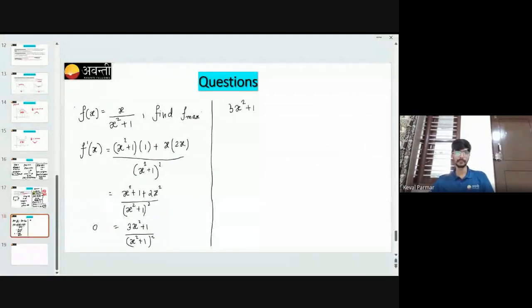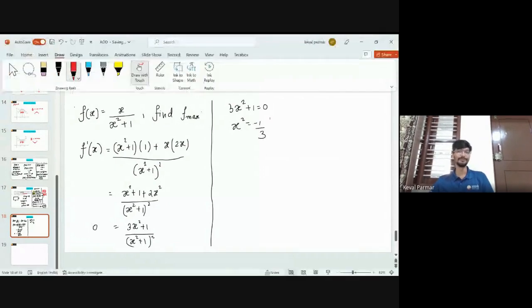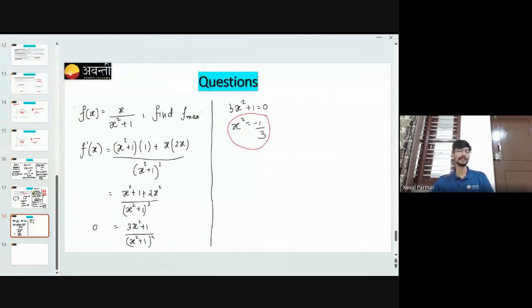Now, when we cross multiply, we will get 3x square plus 1 equals 0. That means x square will be equal to minus 1 by 3. Now, please note, how can x square be equal to minus 1 by 3? A square quantity can never be equal to minus 1 by 3.